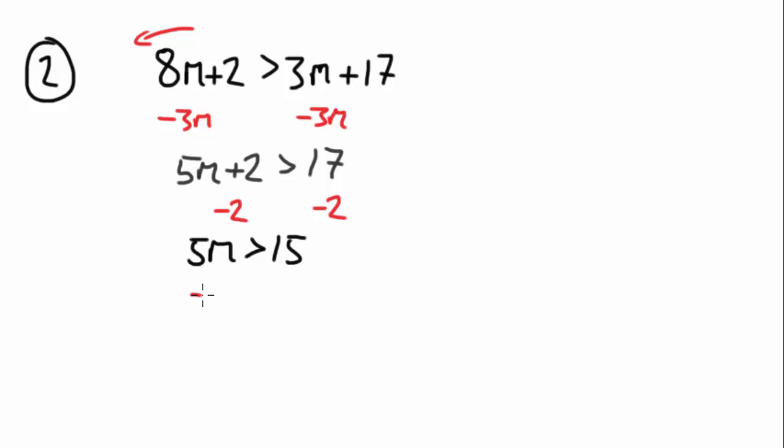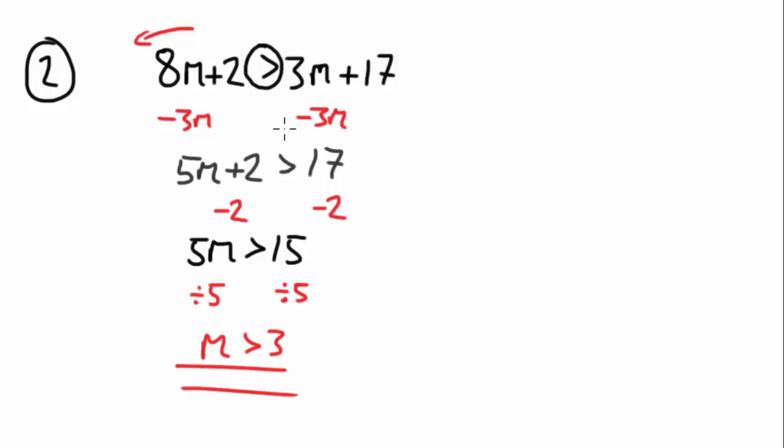We then divide this side by 5, because we want it just to be m, and that gives you m is greater than 3. And that's your answer. You just solve it the same way as an equation, but keep in mind the sign. Have the letter on the left hand side and the numbers on the right hand side, and you'll be fine. Chances are it'll be a nice whole number. Okay, that's question 2.